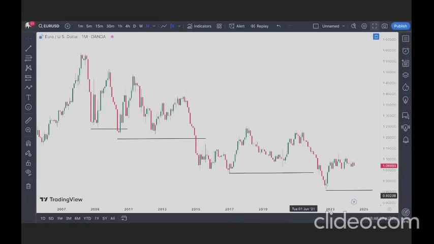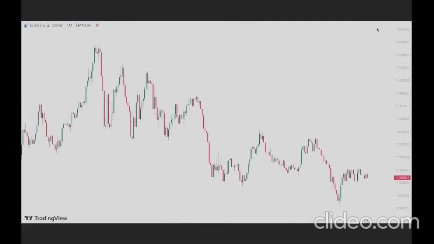So let us use other tools, guys, so as we can determine a little trend of this USD from this market graph.